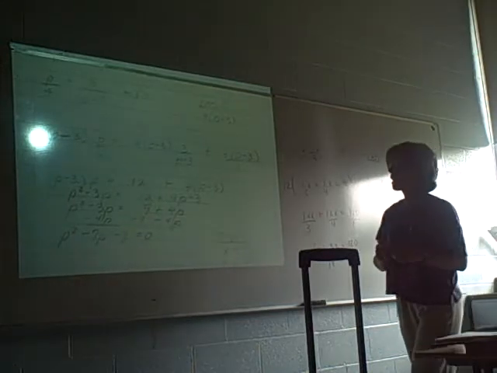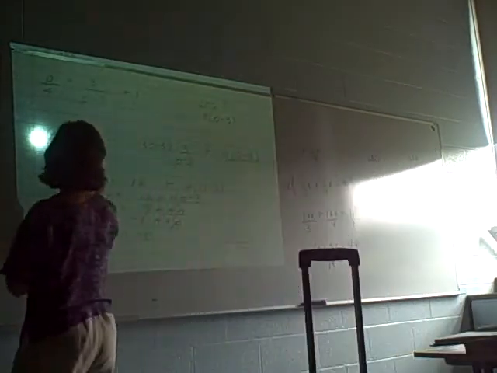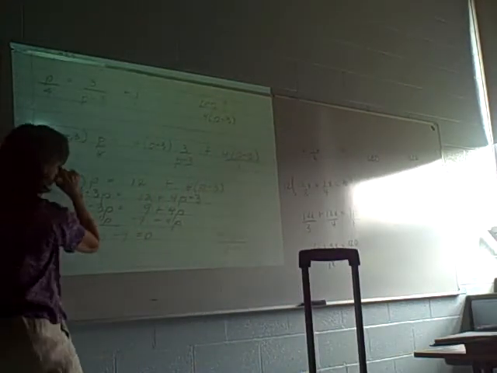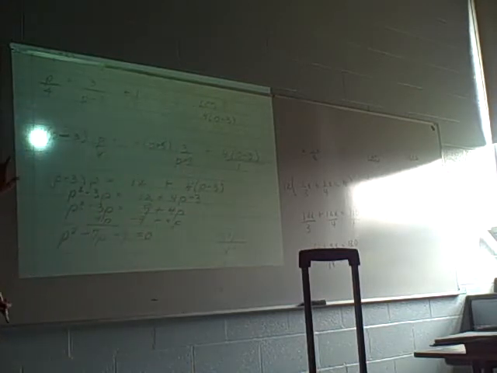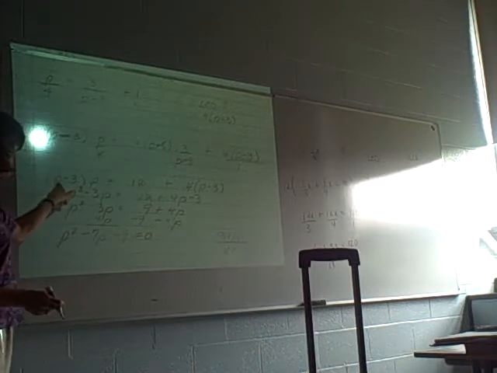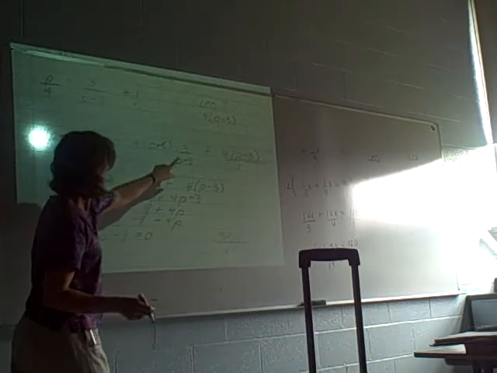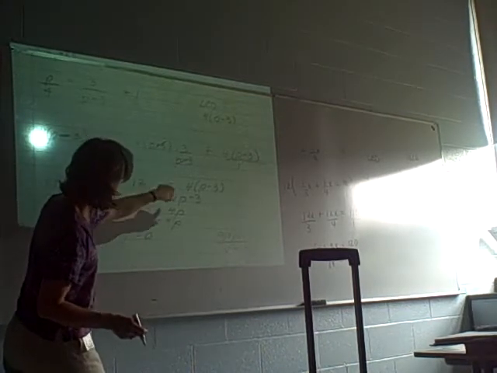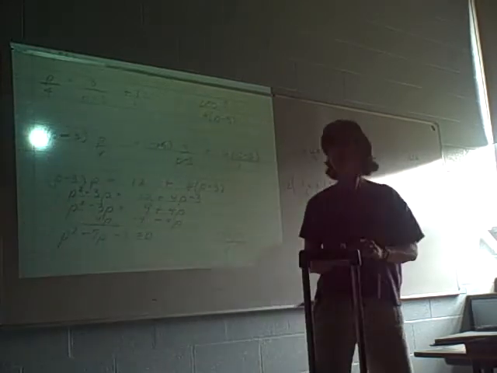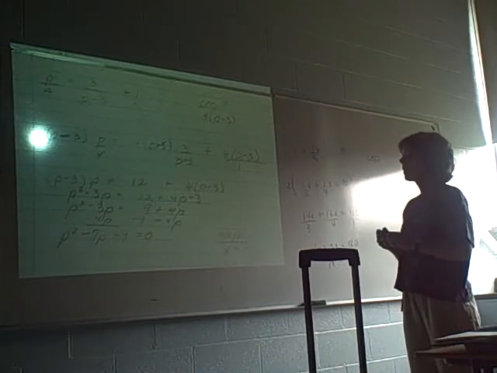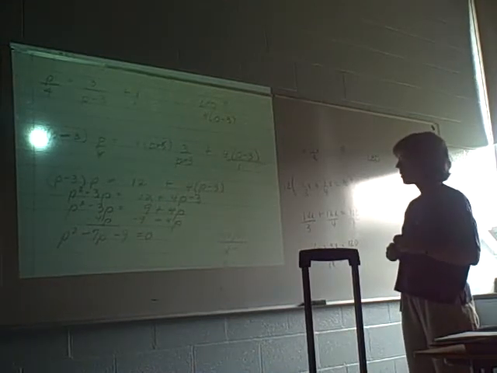So I have p times p minus 3, and I know that I'm going to have 12 and 4 times p minus 3. Jess? When you did the 4 times p minus 3, you didn't do 4 times 3.